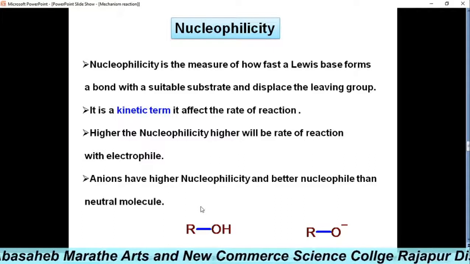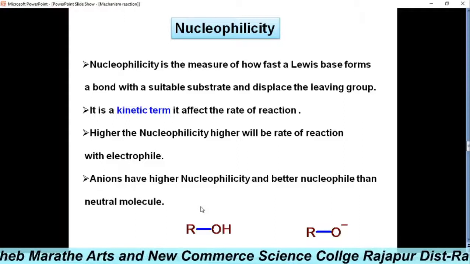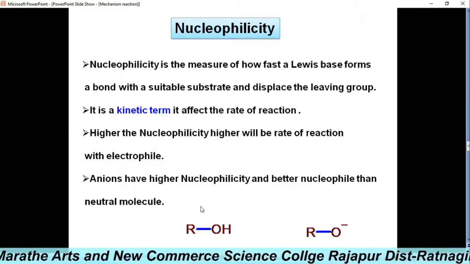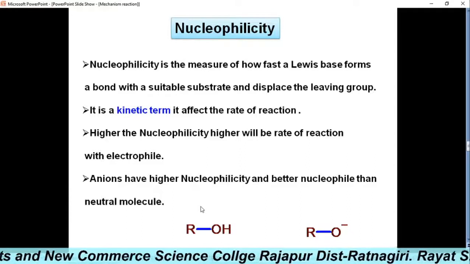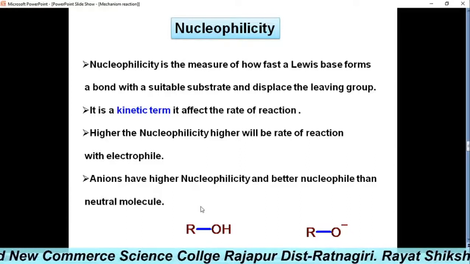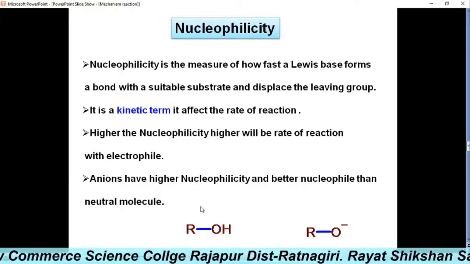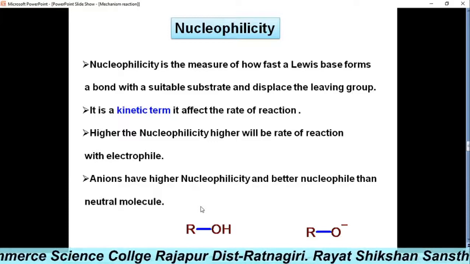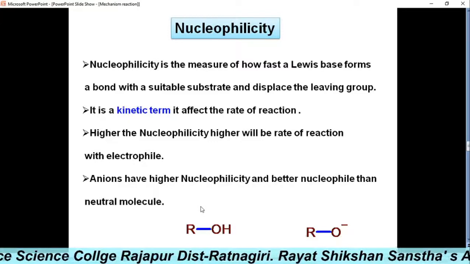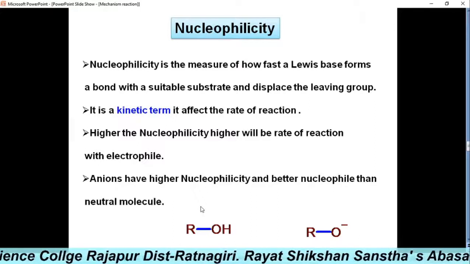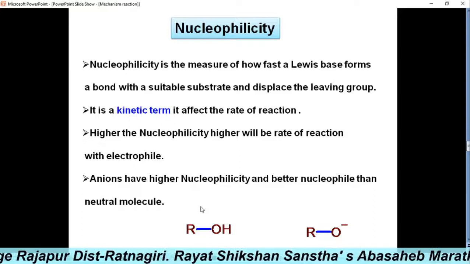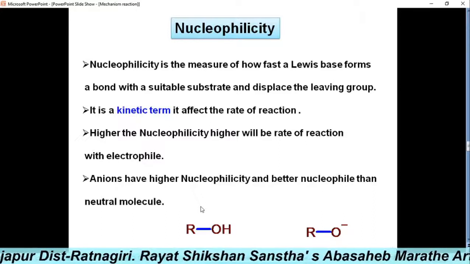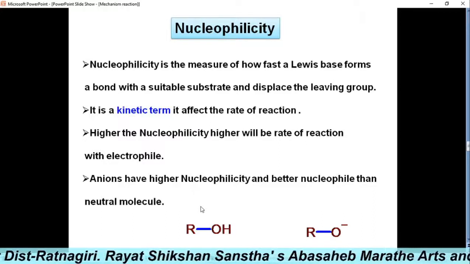Nucleophilicity is a relative term, meaning it has no absolute value. We determine it by measuring the rate at which different nucleophiles react with a substrate, such as methyl halide, relative to a standard nucleophile like methanol.